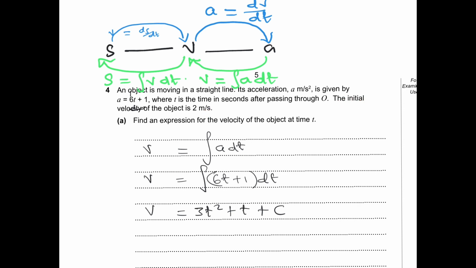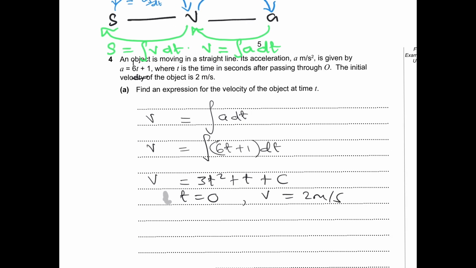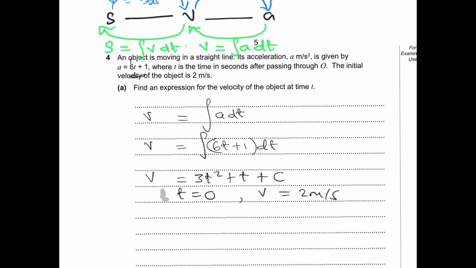Initial means time is equal to 0, and of course velocity at that moment is 2 meters per second. In other words, we started observing this object when it was already in motion. So initially when time was 0, velocity was 2 meters per second.